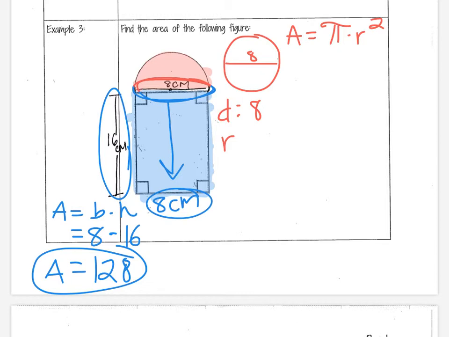I know the radius is only half of that, so the radius is going to be 4 centimeters. So the area of my circle, if I made it a whole circle, is pi times 4 squared. Remember that 4 squared really means 4 times 4.